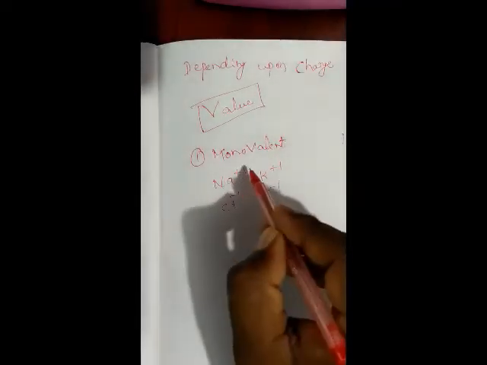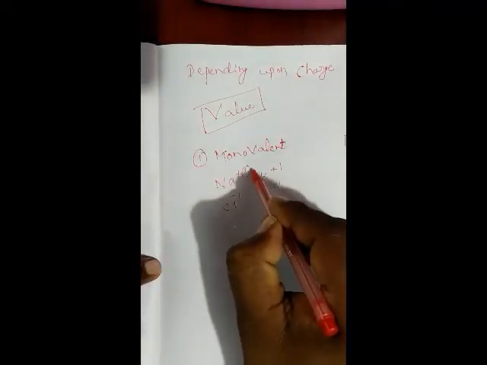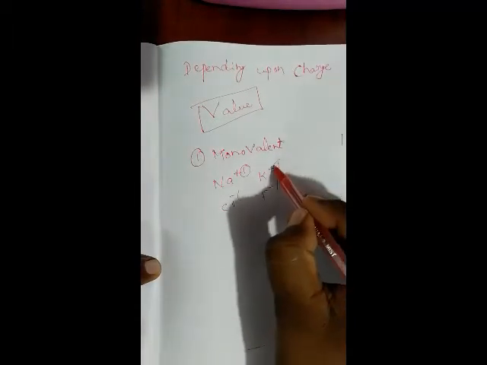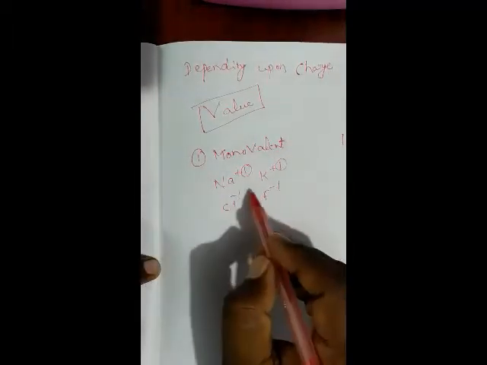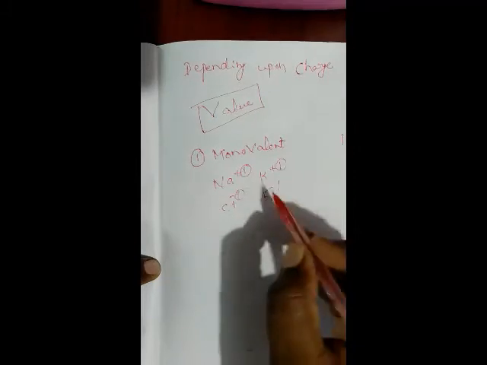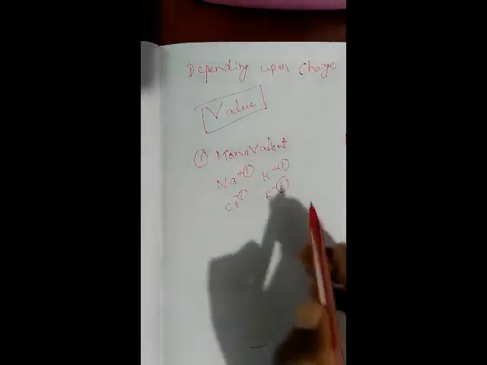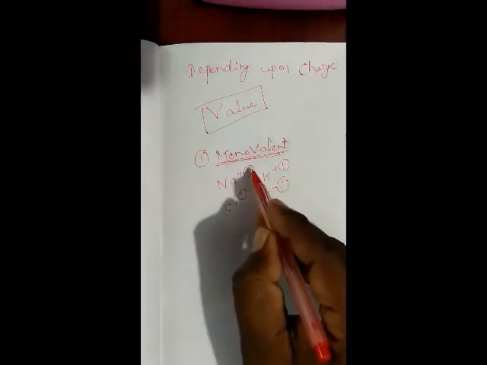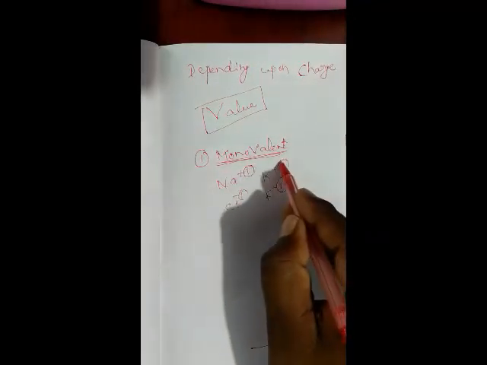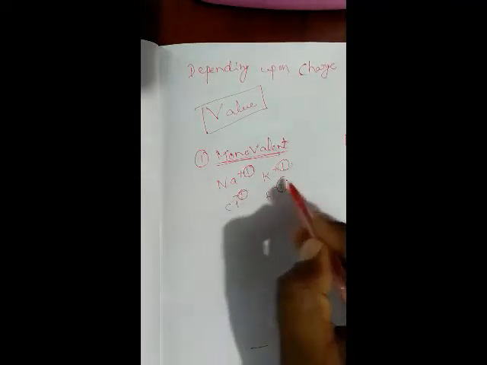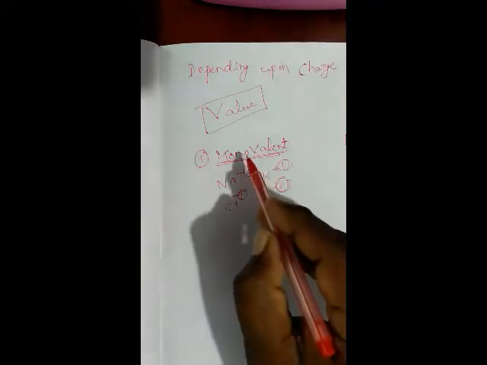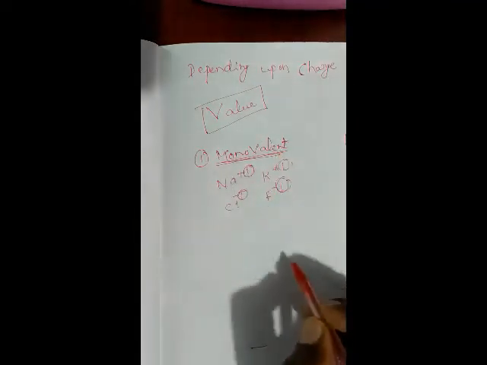Here the charge value is 1 for each, so the ions whose charge value is 1 are known as monovalent.